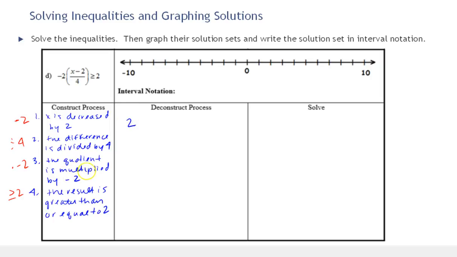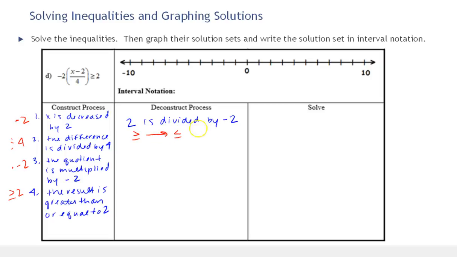Instead of multiplied by -2, it's divided by -2. 2 is divided by -2, and now we're going to make our note here. We just divided by a negative, so we're switching from greater than or equal to, to less than or equal to. Okay.